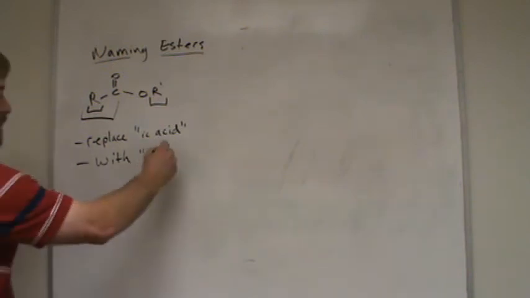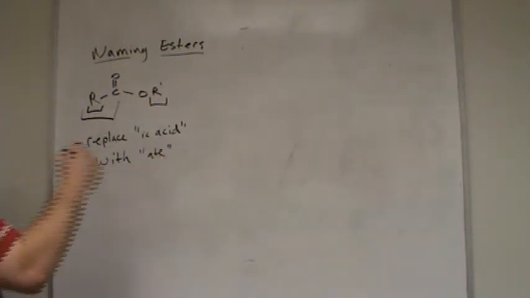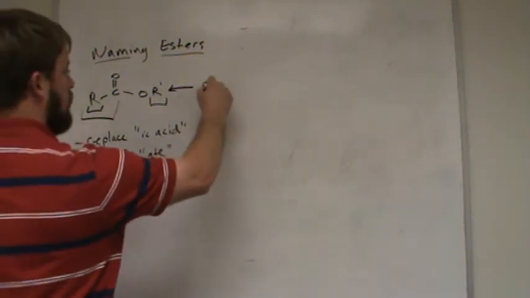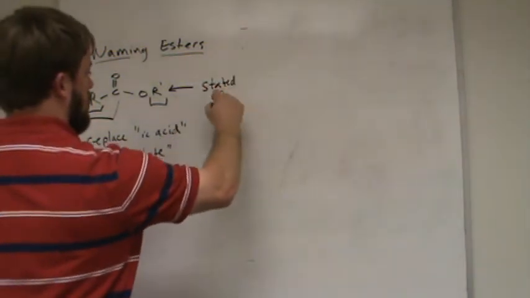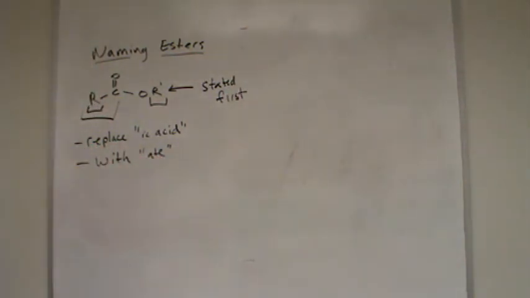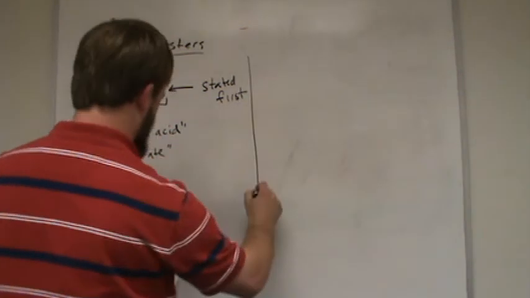Okay? And then we just simply name this ethyl, methyl, propyl, whatever it might be. And we state it first. I think that's a lot of wording for a simple process, so let's try one. So let's look at an example here.